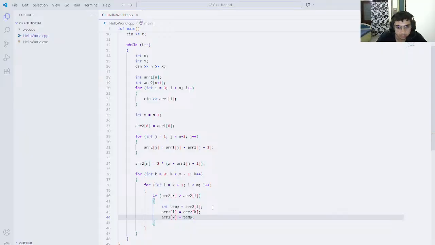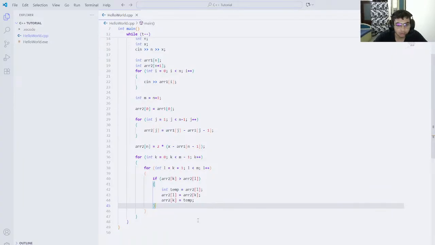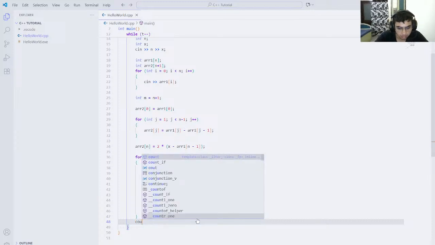I think this is right. Okay, so now I just need to output the answer.